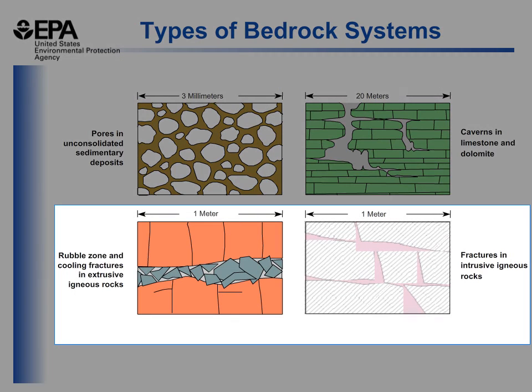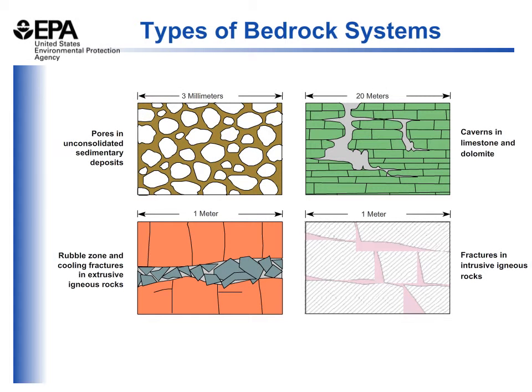And then the lower two graphics show fractures within different types of bedrock systems, such as a basalt or other types of igneous rocks, where the water flow is only through these fractures, or the small cracks within the rock, and little to no water movement takes place within the massive component of the rock itself.